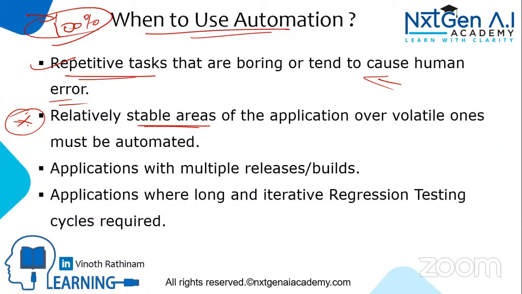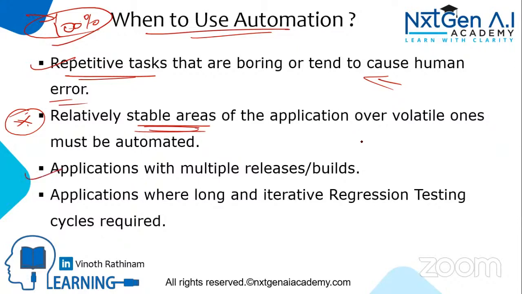At that time, sometimes we could log in but couldn't see the train tickets. Sometimes we could see the train tickets, but at the time of booking, you would get some other error. So the application is very unstable. When you have such applications in a real-time scenario, in that place we can't use automation. So make sure it must be a stable application.